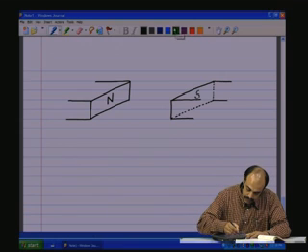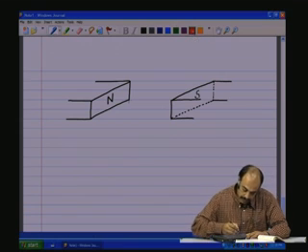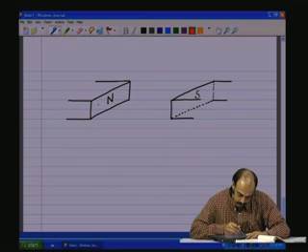Now, let us draw a coil right through here.